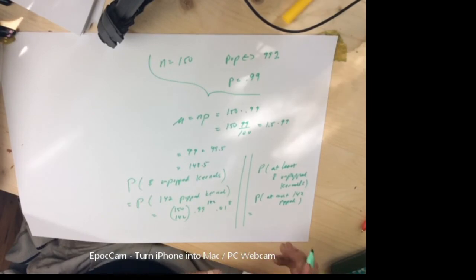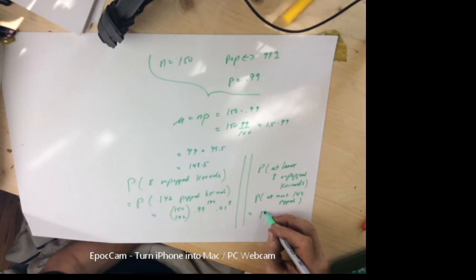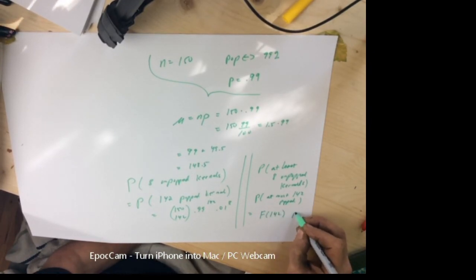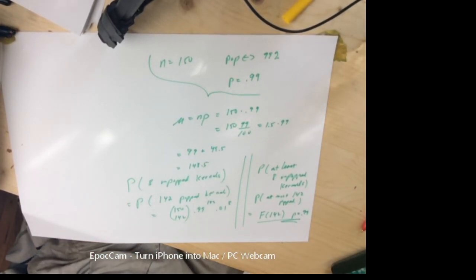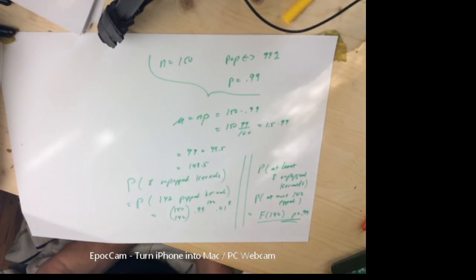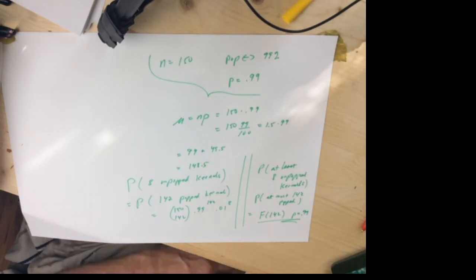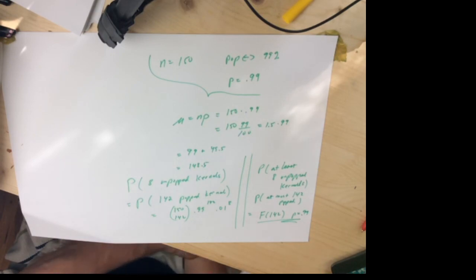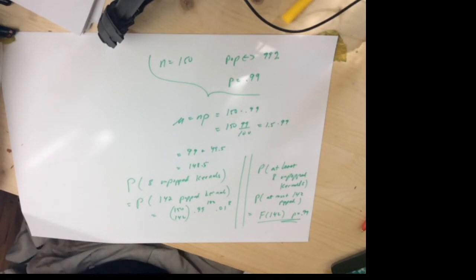So that means it could be 1 popped, 2 popped, 3 popped, all the way up to 142 popped. This is F of 142 with p equal to 0.99. So it looks like it'd be useful to have a table or a formula that does these. They're online, they're in the back of the book. We look these up. We don't calculate them. Some of them we'll learn how to calculate. We'll come up with formulas. But for the asymmetric binomial ones, no. It's something we just calculate or describe. All right, well, there's that one.